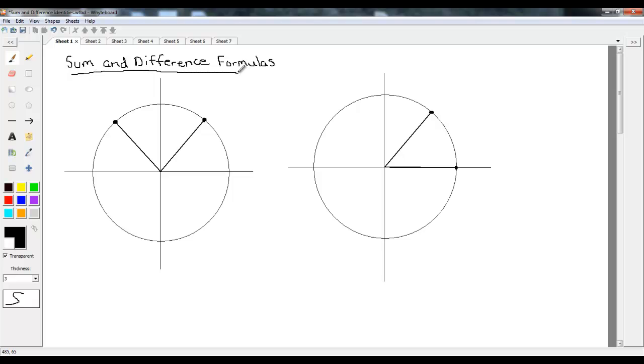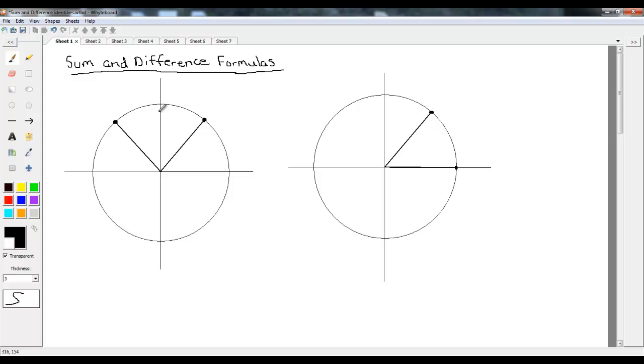You're going to have to do a lot of problems where you manipulate things and use these formulas. So I wanted to first derive the formulas and then show you some ways we might use them, like with numerical problems. And we'll also do a little bit of verifying identity using some of the formulas too.